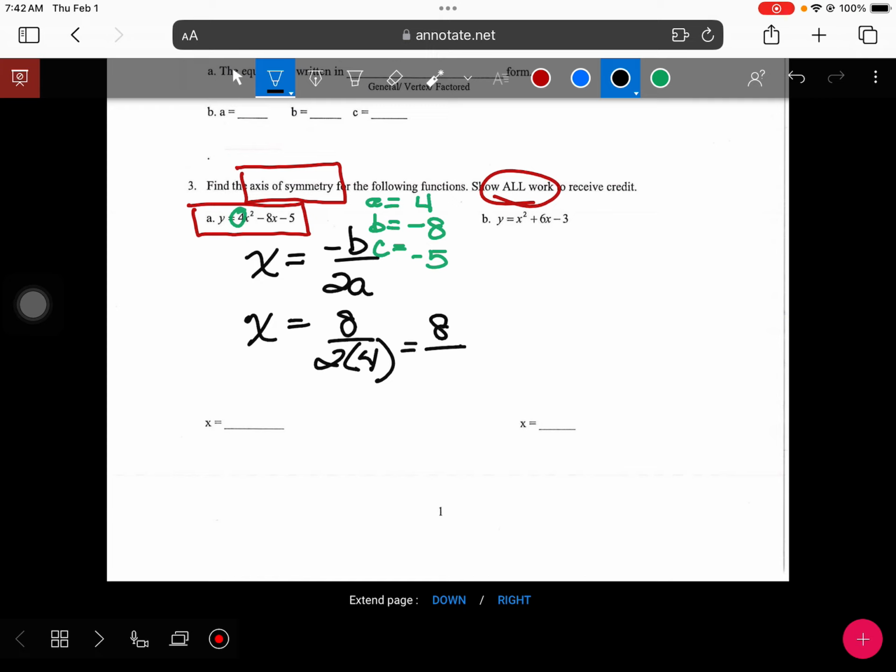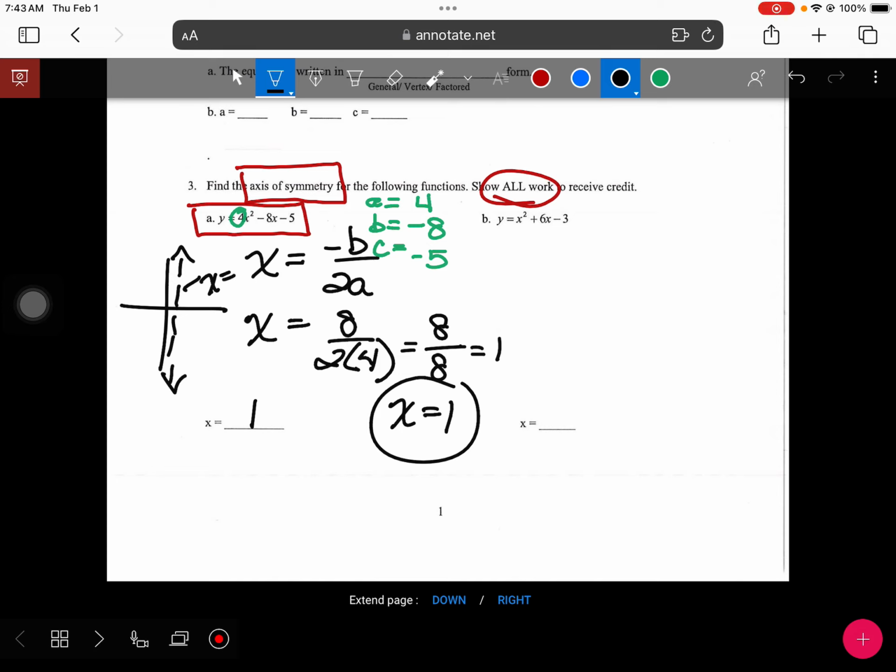So 8 divided by 2 times 4 is 8 over 8, which is 1. So X is equal to 1, and we already even gave you the X. Okay, so X equals 1, that is your axis of symmetry. If you have it on a coordinate plane, that means it would go through that point of 1 on the x-axis. Okay?